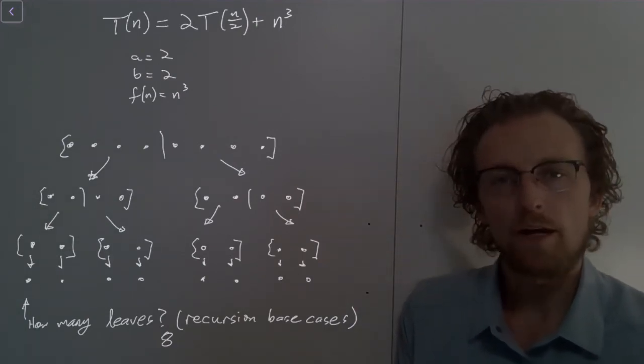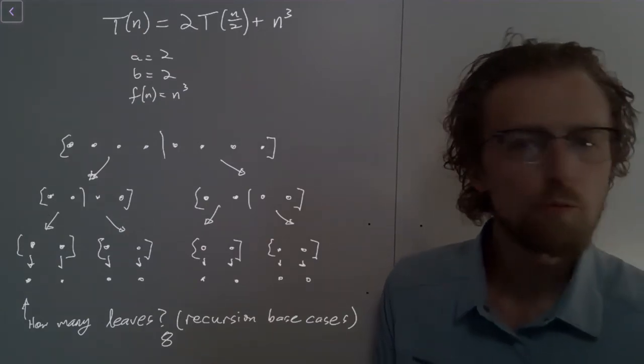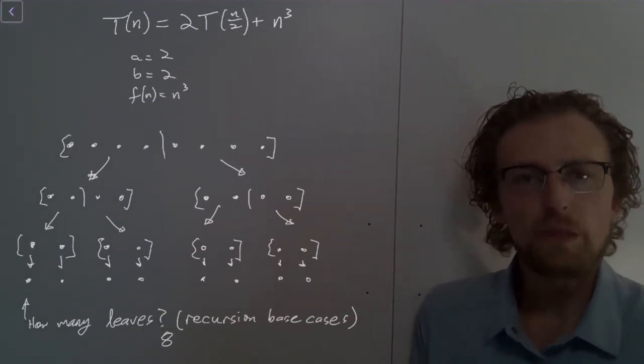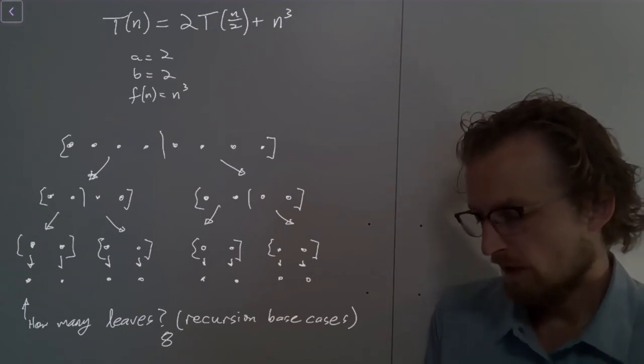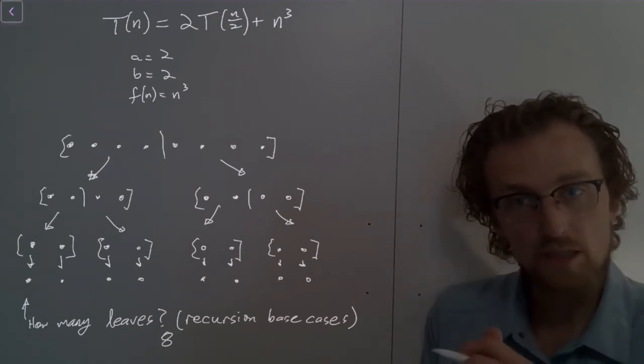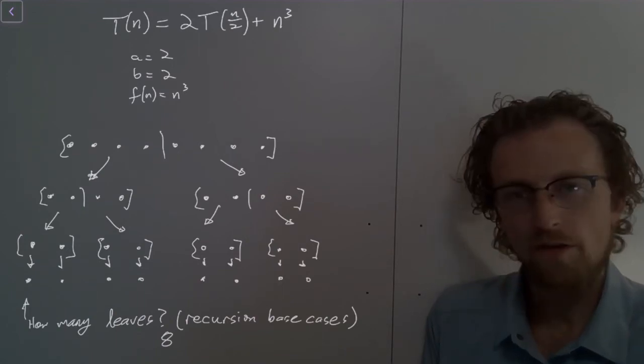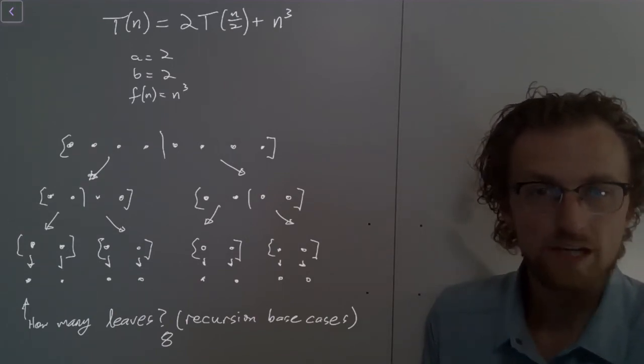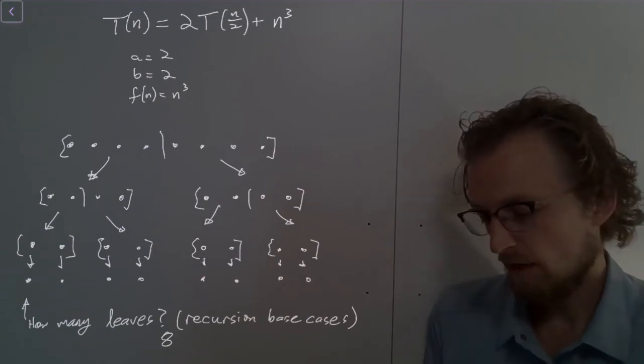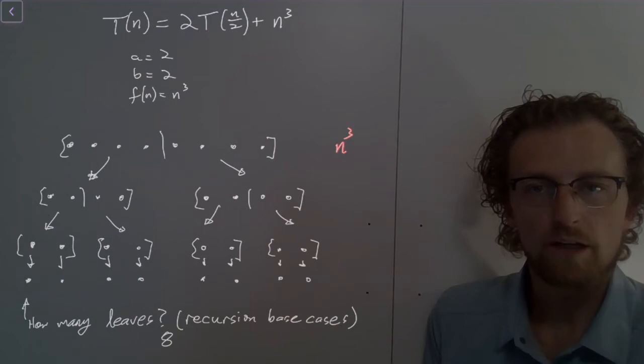But what about the overhead? So let's think about how much overhead is being done on this algorithm. First, when we do our first split, there are 8 elements here, right? So we'll say there's n elements, and so there is n cubed amount of overhead done.